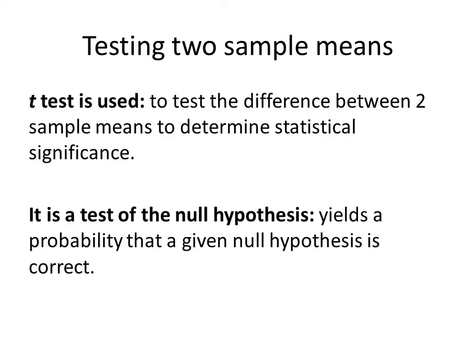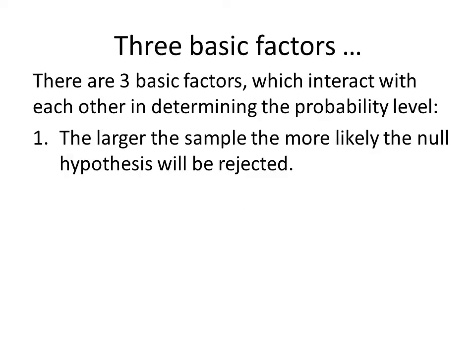So remember that. There are three basic factors which interact with each other in determining the probability level. I also want to say that computation procedures for conducting a T-test are really beyond an introductory statistics course and this particular textbook.